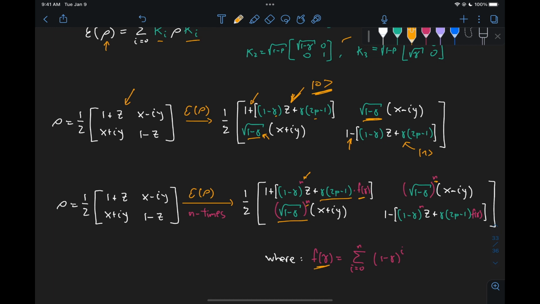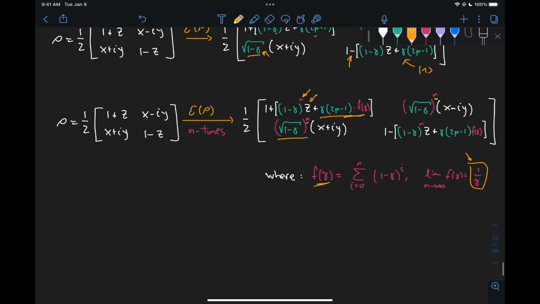So this function f of gamma, for n large enough, is going to be basically 1 over gamma. Now, what we're being asked to do in this problem is to take a look and see what happens when we apply this map many times to the starting state plus, so an equal superposition of 0 and 1.